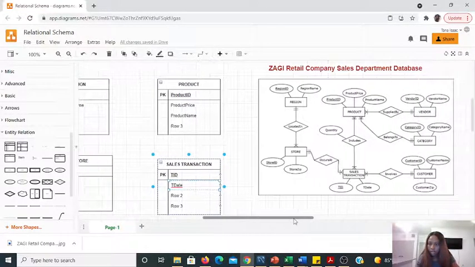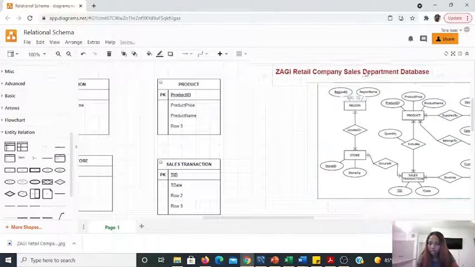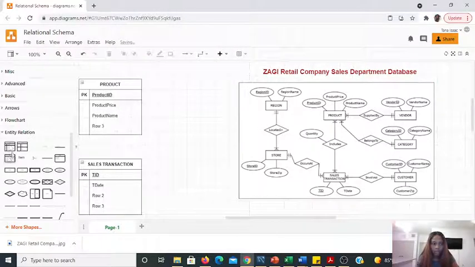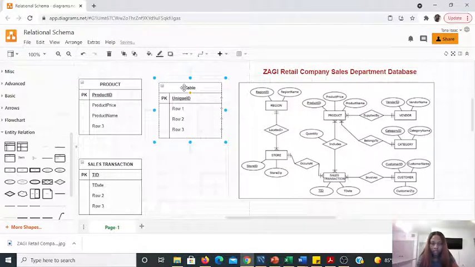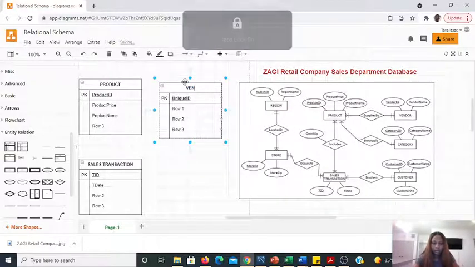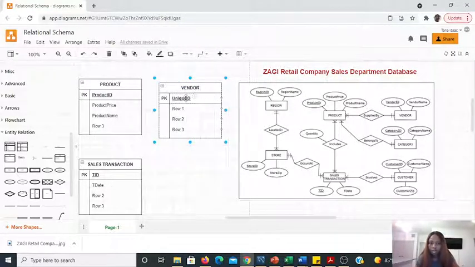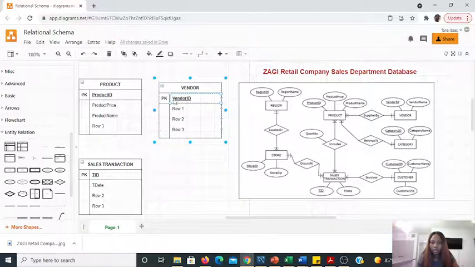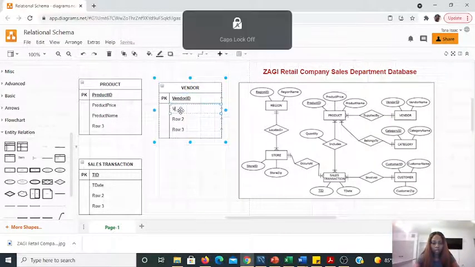So the fifth entity is vendor. So let's move this a little bit to create some space. We have the vendor. That's the fifth table, I guess. And the unique ID is vendor ID, and the second attribute is vendor name.